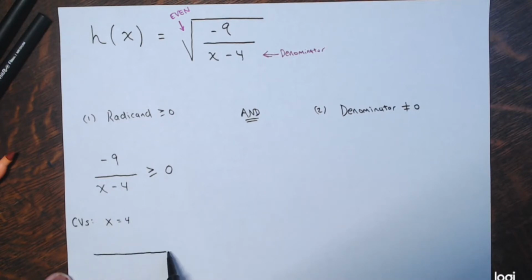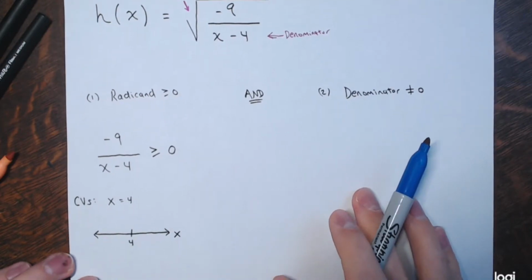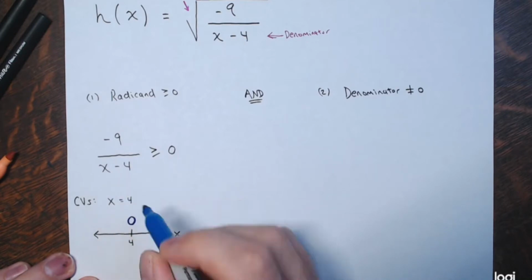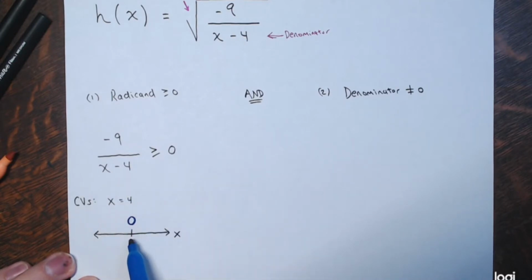Then I mark this on a number line. These are possible values of x, and here's the number 4. Now 4 can't be a solution because it makes my denominator 0, so it's an open point above 4.